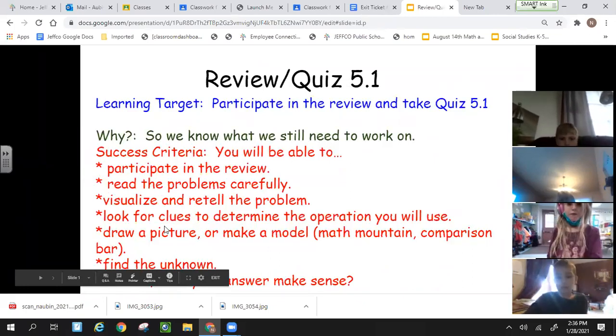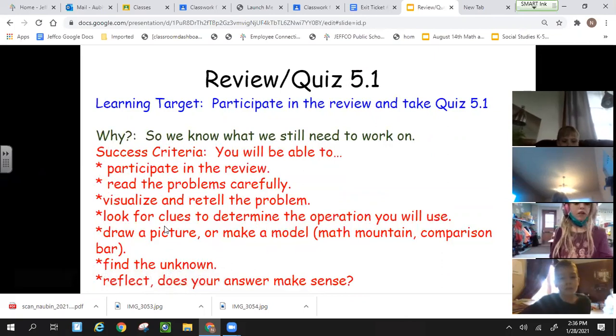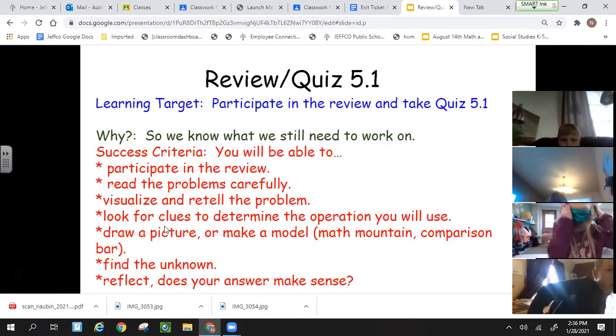So listen up. Today, your learning target is to participate in the review. Whole body, kiddos. And take quiz 5.1, so we know what we still need to work on. We're going to participate. We're going to read carefully. We're going to visualize. We're going to look for clues, just like we've been doing.